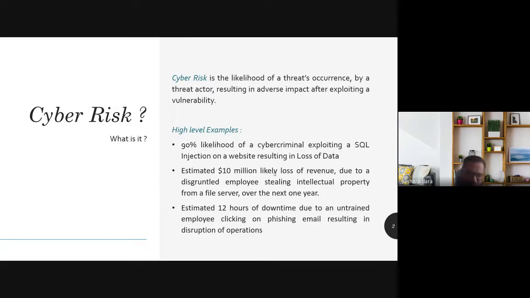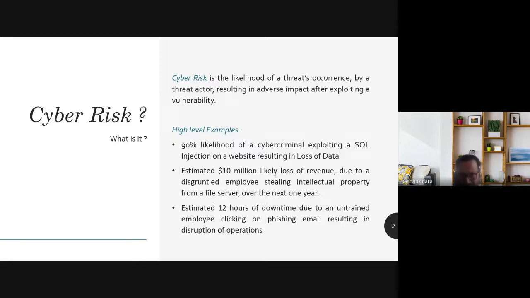When we communicate risk, when we say there is high risk or low risk, it's something like these examples. There's a 90% likelihood of a cyber criminal exploiting a SQL injection on a website that might result in loss of data. So when we communicate risk, it should be very, very crisp.